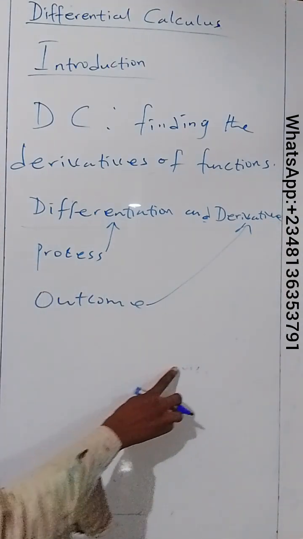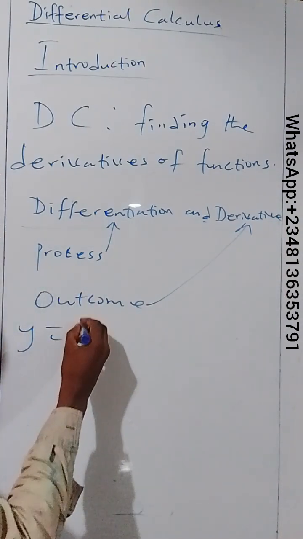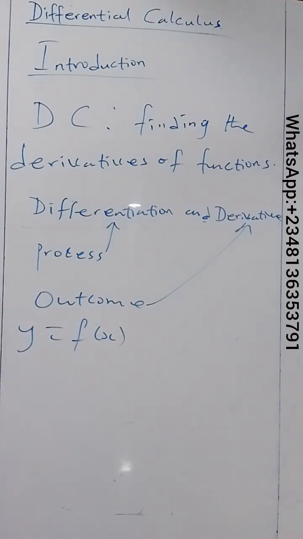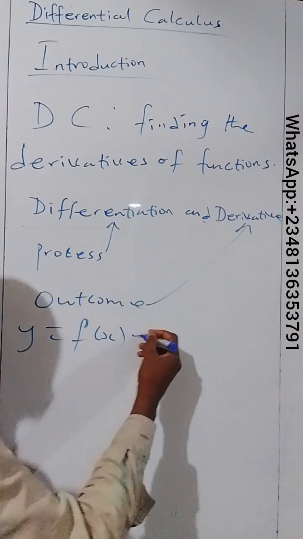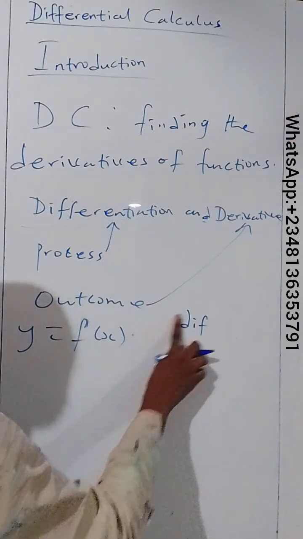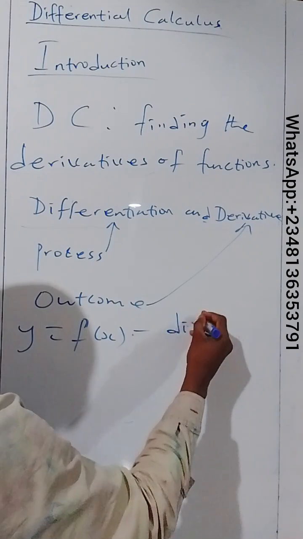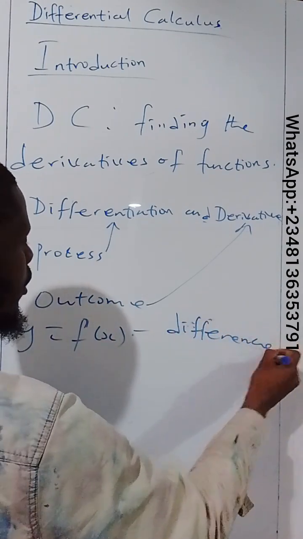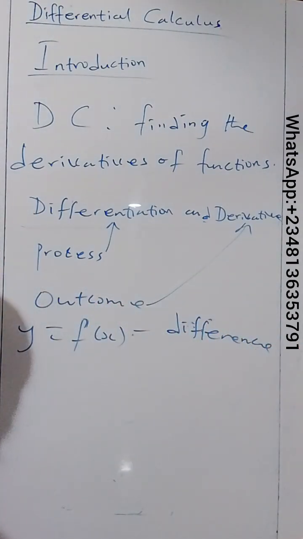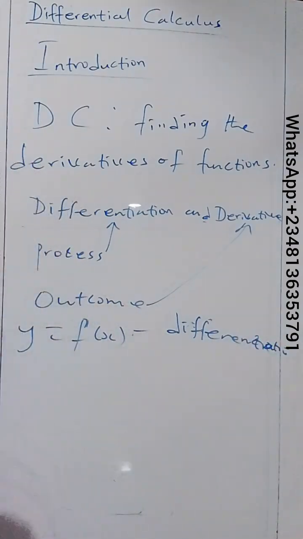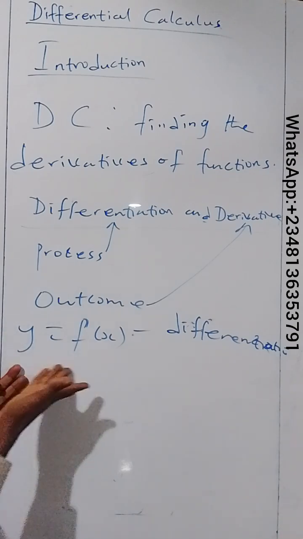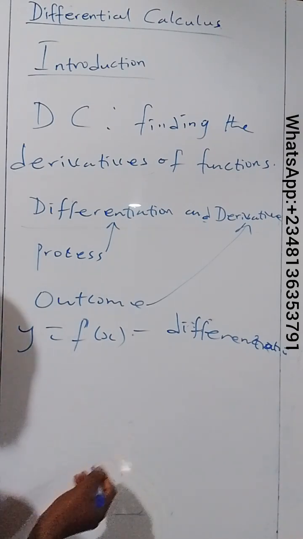For example, if we are given this function, say y is a function of x, and we are asked to find the derivative, the method applied, the rules we apply to find the derivative, is called differentiation, because that's the process through which we find the derivative. But the outcome, our final answer, is known as the derivative.